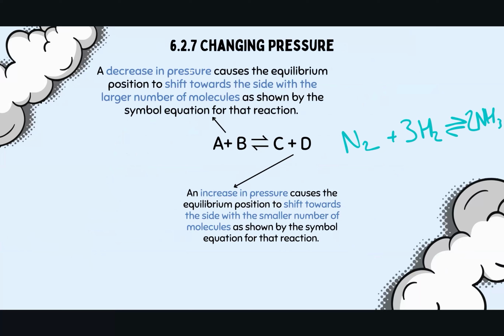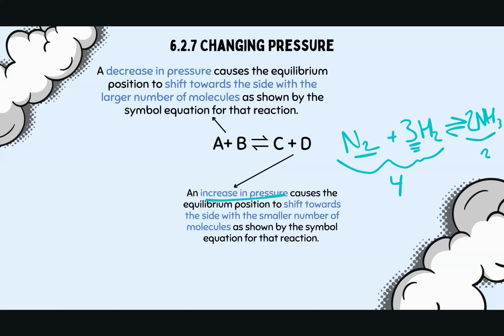Now, a decrease in pressure causes the equilibrium position to shift towards the side with a larger number of molecules. An increase in pressure causes the equilibrium position to shift towards the side with a smaller number of molecules. So on this side here, we've got 1 nitrogen and 3 hydrogens, 4 molecules. In our product side, we only have 2 molecules.